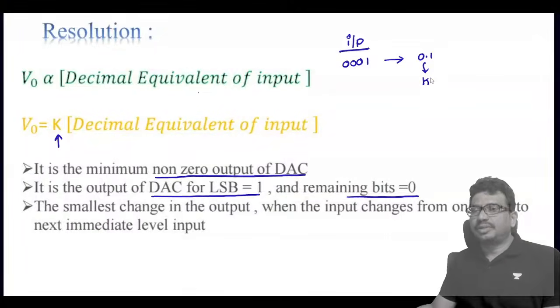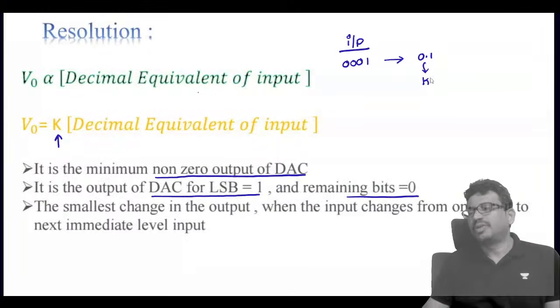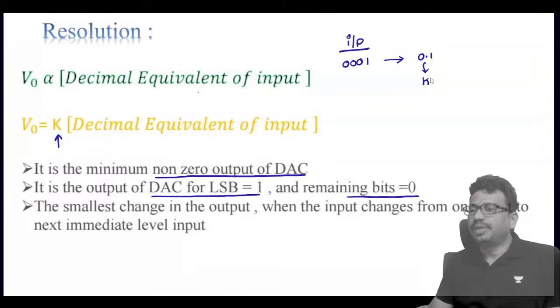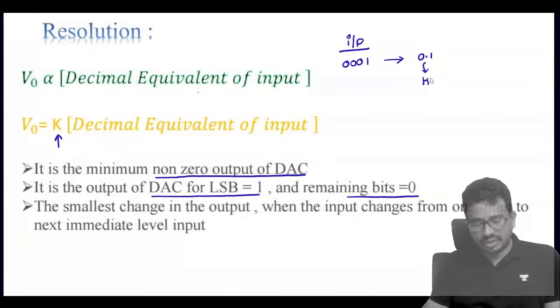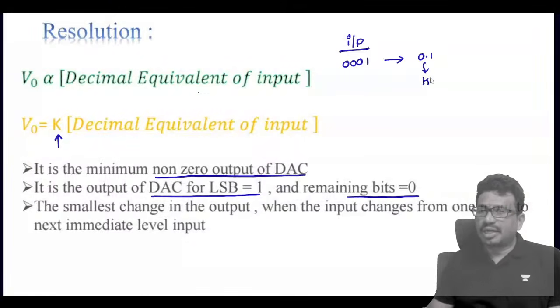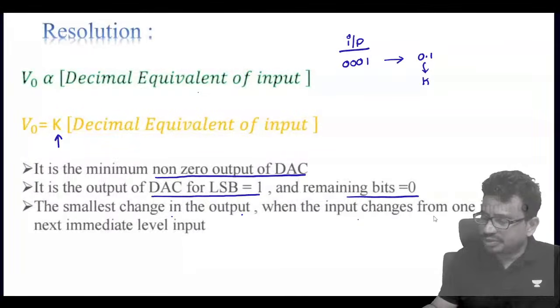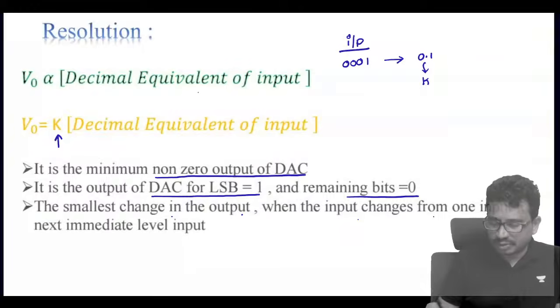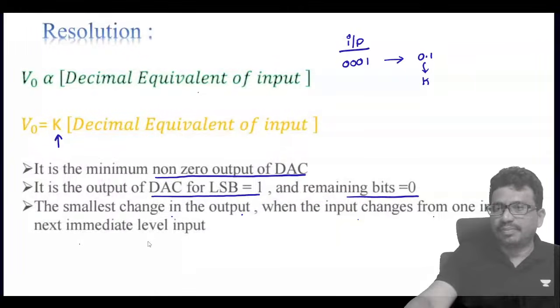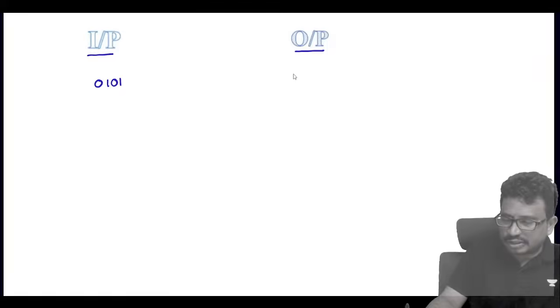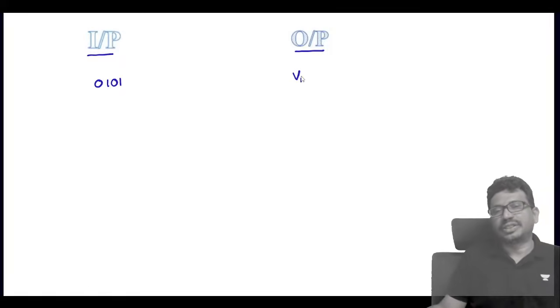Yes, resolution is the minimum possible output we get when we give a very small input. Or we can say it in another manner: the smallest change in output when the input changes from one level to the next immediate level. For example, I take the input 0 1 0 1, which is 5, and we get some output, say V1.